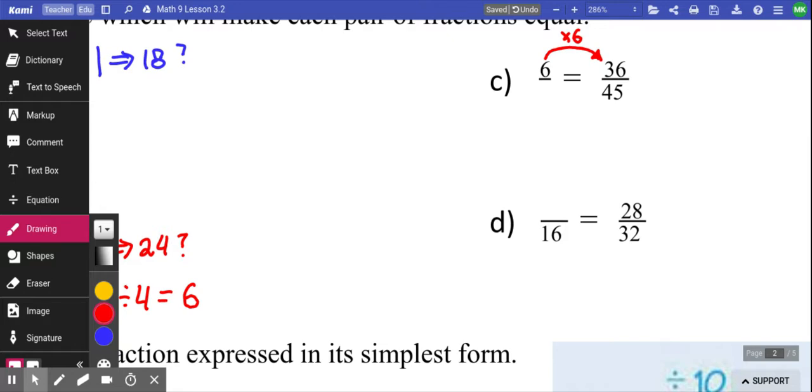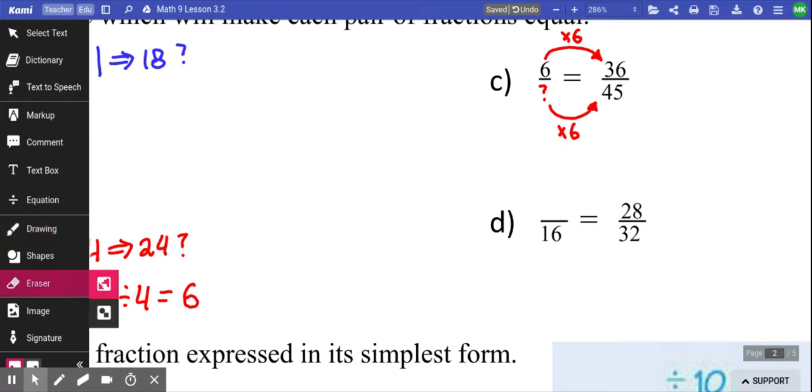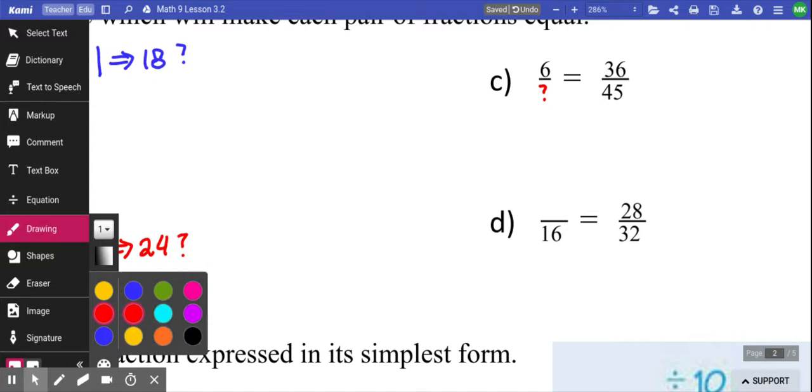But then trying to figure out what number multiplied by 6 gives you 45 could be kind of challenging. That's not an easy thing to figure out, mainly because it's a decimal. It's not like a perfect value. So you could work backwards as well, which is what I believe Damon had just said. Instead of going from the left to the right, you could understand that equivalent fractions are equal in both directions.